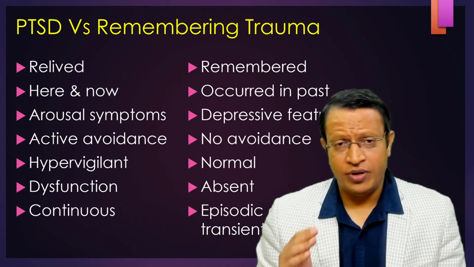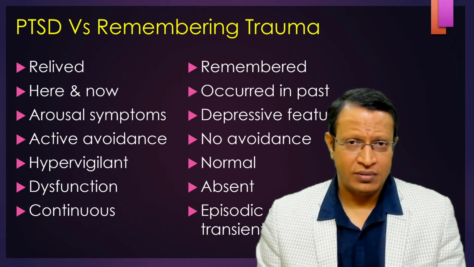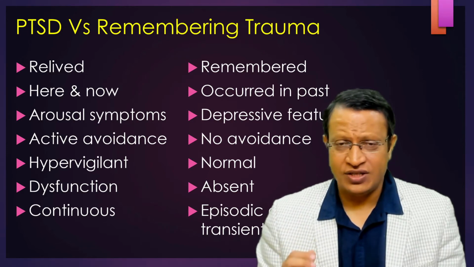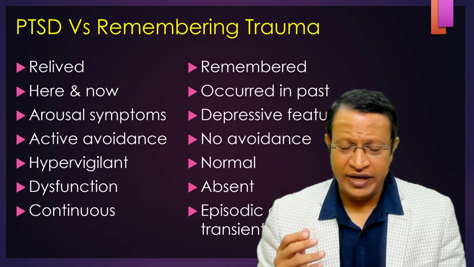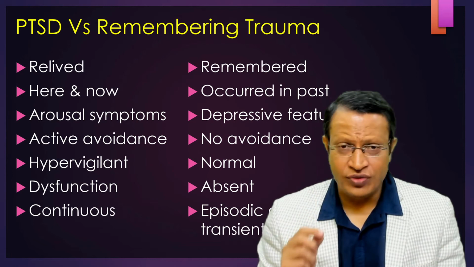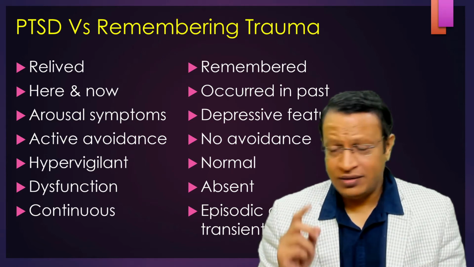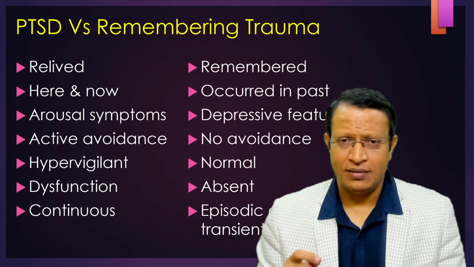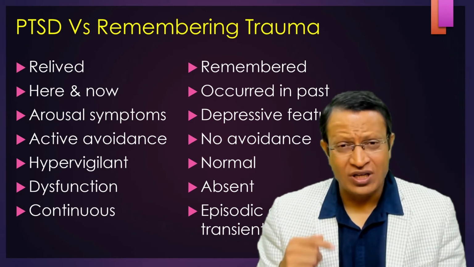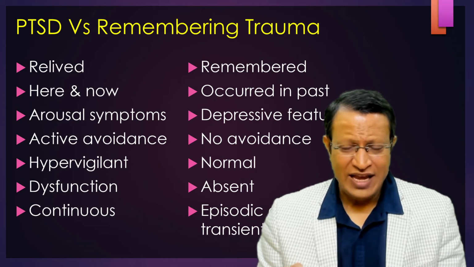One needs to differentiate between PTSD and remembering trauma. Whenever there is a trauma and grief is associated, invariably people will remember the traumatic event many times, but it should not be confused with PTSD. Here are the differentiating points. In PTSD, reliving is classical. That means the person will go through the traumatic event again, here and now.